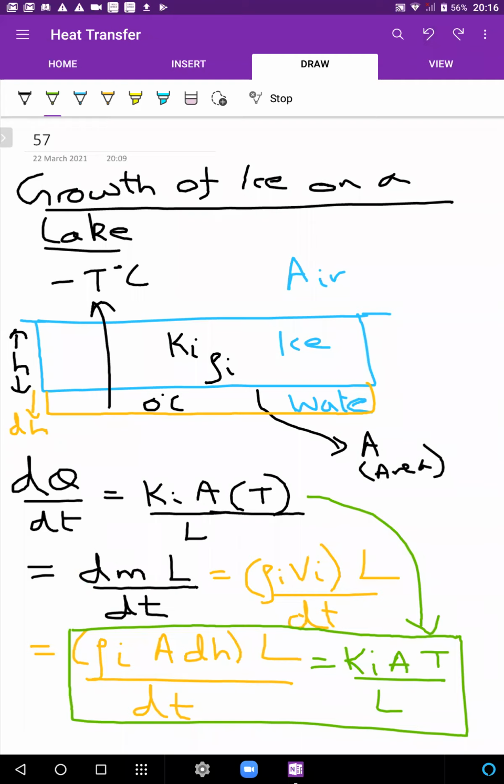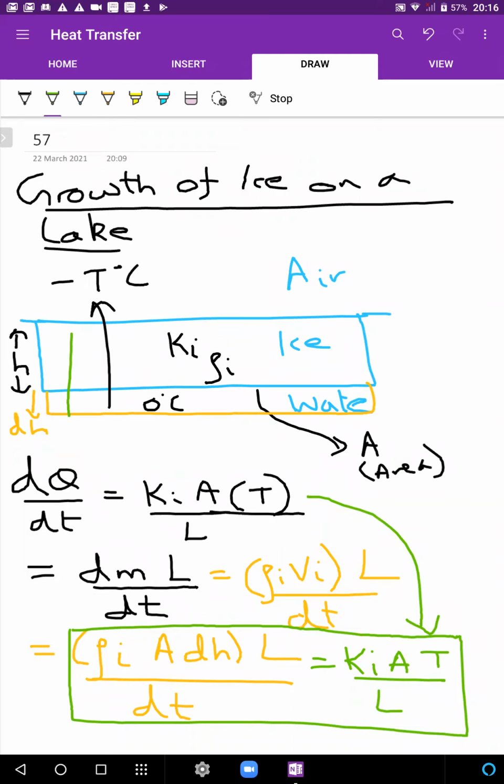Let me just check what you guys are saying. One of you saying, sir, but water is freezing, so density of water should be used here. You can write dm in terms of density of water and volume of water frozen as well. But what we are more concerned with is ice ka thickness.